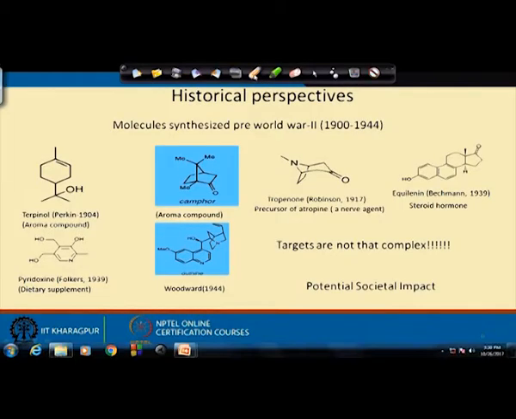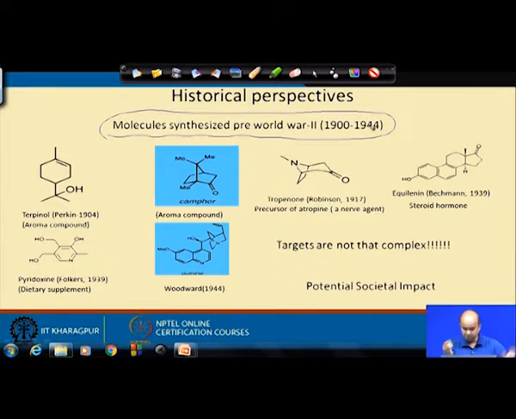Initially, I will try to pick up a few molecules which have been synthesized pre-World War. You see the era 1900 to 1944, it is almost a century ago. The molecules at the time which were synthesized are not that complex, but eventually the molecules have useful biological significance.